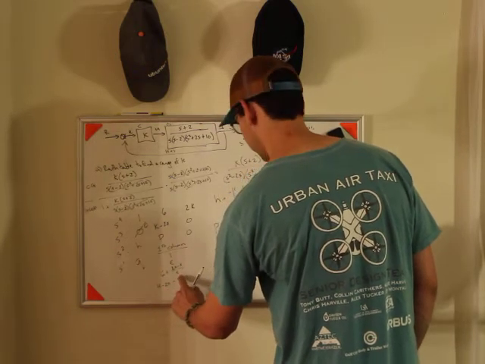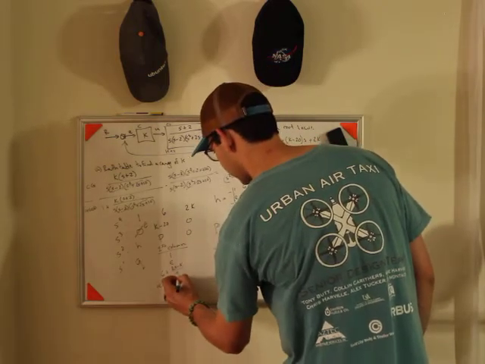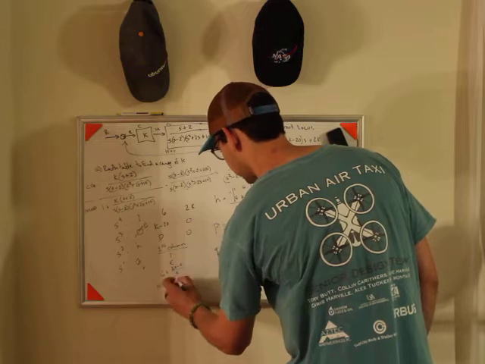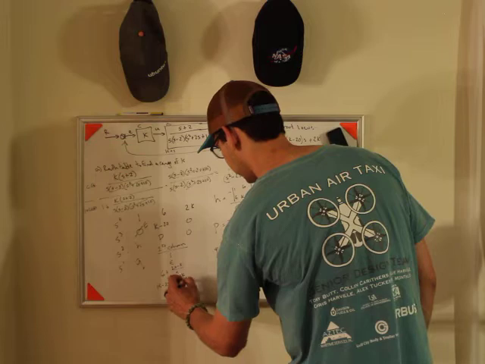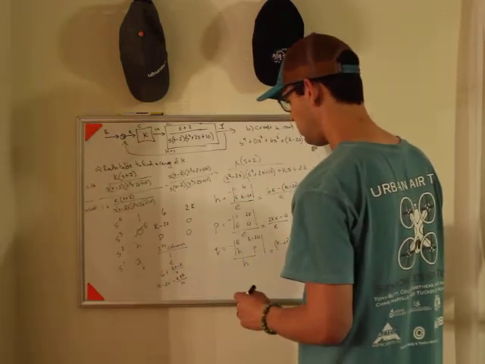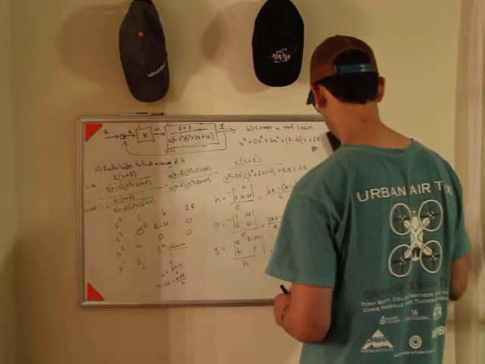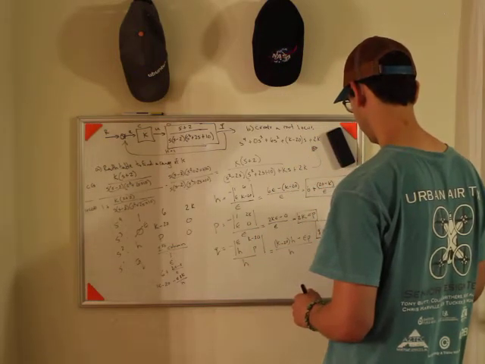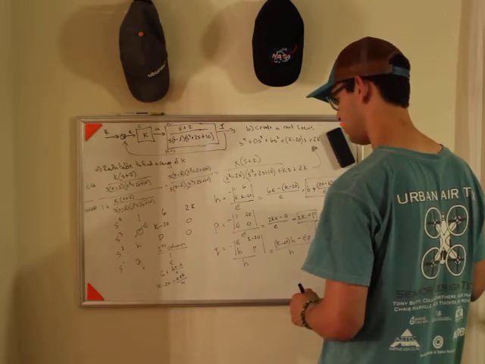Oh, and p is 2k, we already knew that. So epsilon 2k over h. I wonder if we should substitute in h, because won't an epsilon cancel?